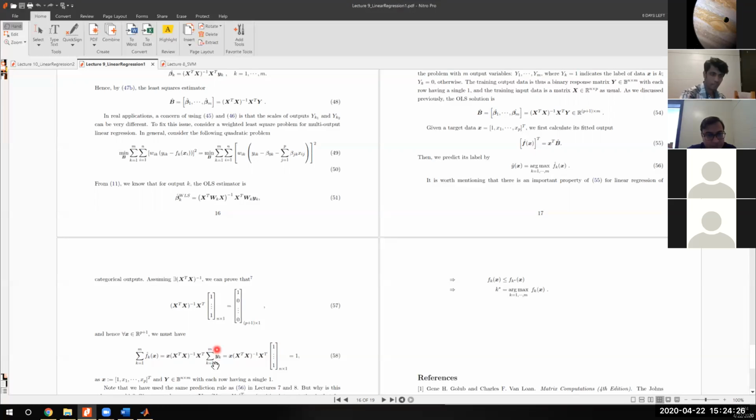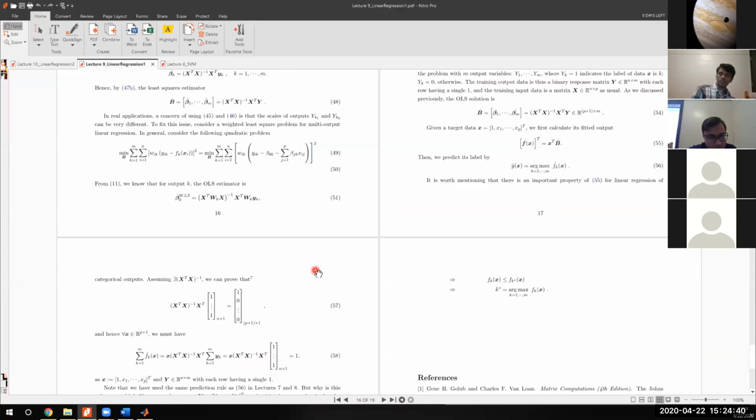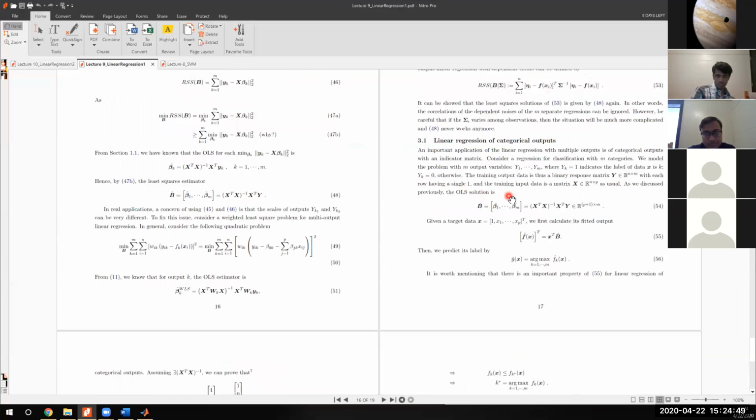Get the point here? Because for different y's, and don't forget, what is the structure of y's? All y's are binary variables, right? For each row of the matrix y, there must be a 1, and all others 0. Why? Because y's are category responses, right?